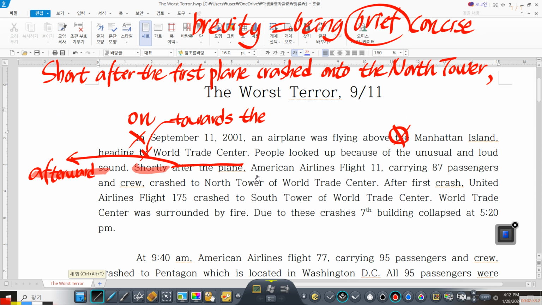All right, and the American Airlines Flight 11 carrying 87 passengers and crew, excellent, and crashed into, or to, or into, because when you take a look at the video clip about the crash, pretty much the airplane went into it, okay? Crash into. What is the difference between in versus into?